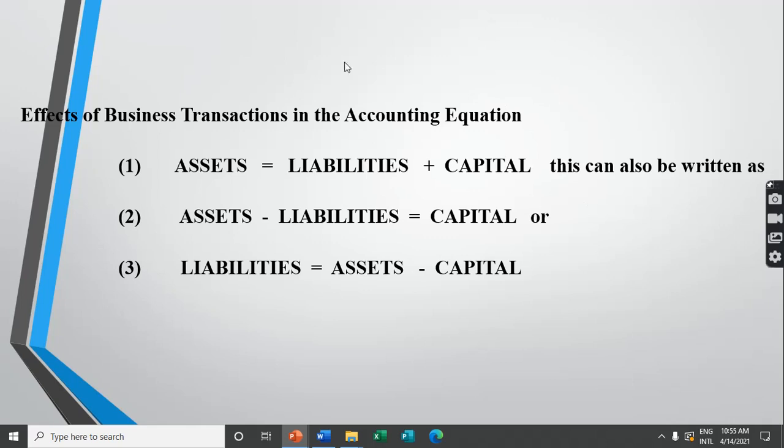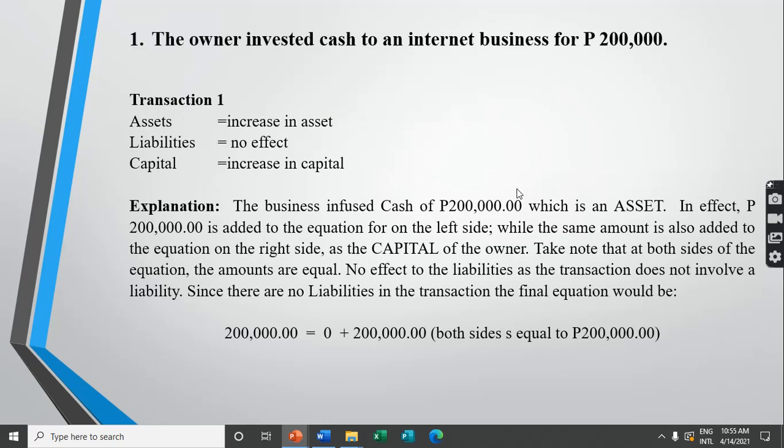But it can also be written like this: asset minus liabilities is equal to your capital. Or, your liabilities is equal to assets minus capital, okay? But the accounting equation we will use is asset is equal to liabilities plus capital, okay?